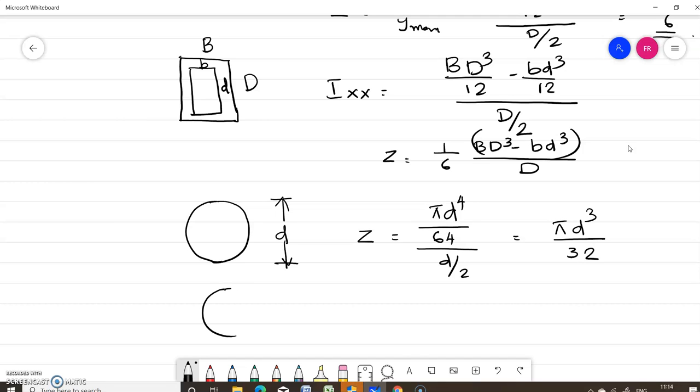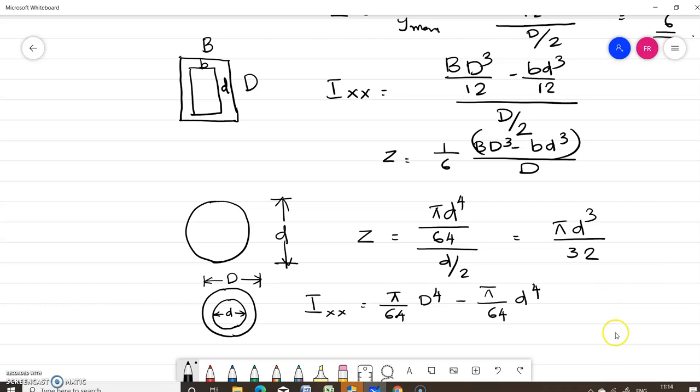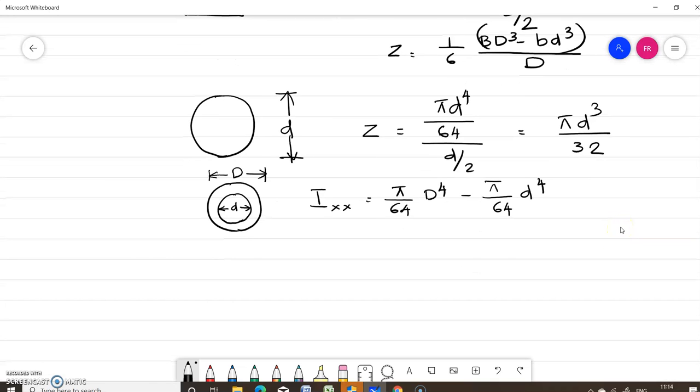Now in the case of a hollow circular section, if capital D is the external diameter and small d is the internal diameter, we can write Ix is equal to pi by 64 into capital D raised to 4 minus pi by 64 into small d raised to 4. Now what is the distance of the extreme fiber from the neutral axis?